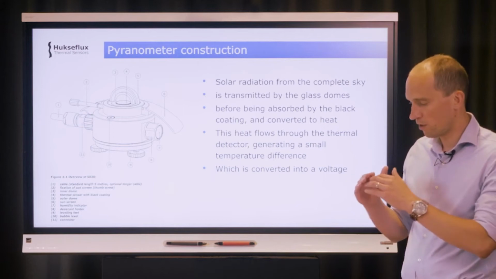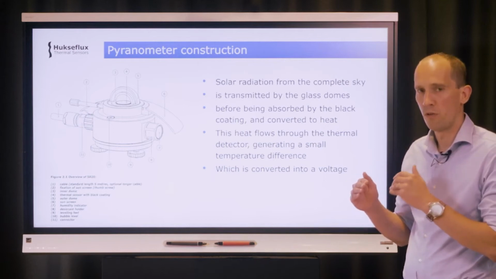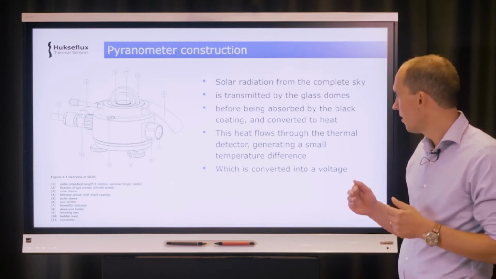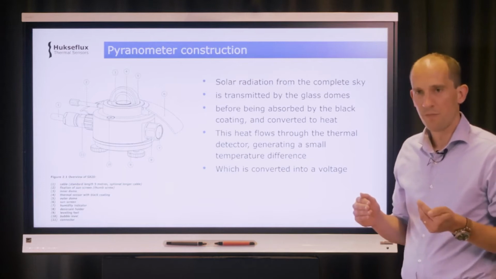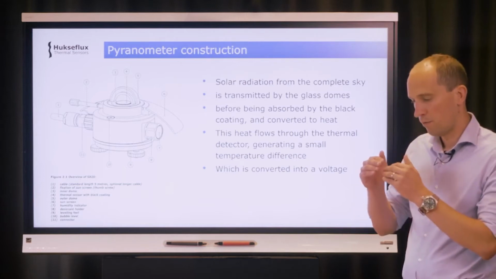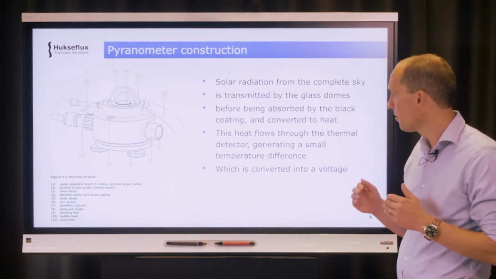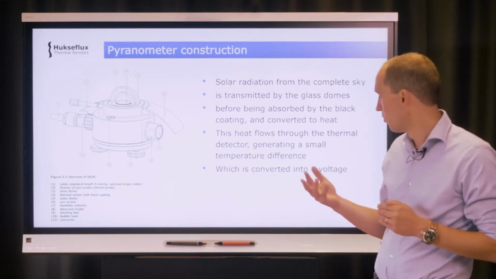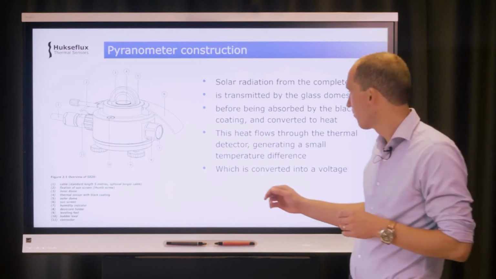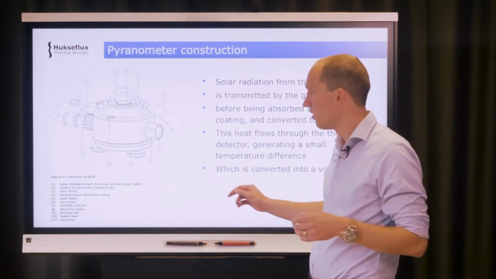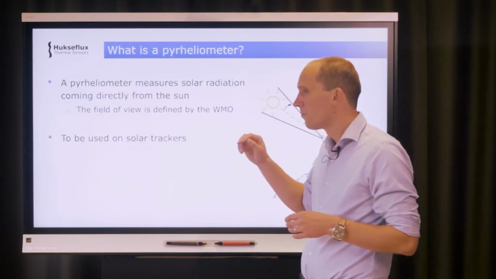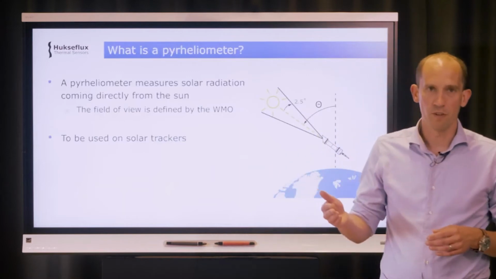So in between this coating and the body there is what's called a thermal detector, or a thermopile detector, and this flow of heat will generate a temperature difference over this detector, which is converted into a small voltage. And this voltage is then your signal. Okay, so that's the pyranometer.